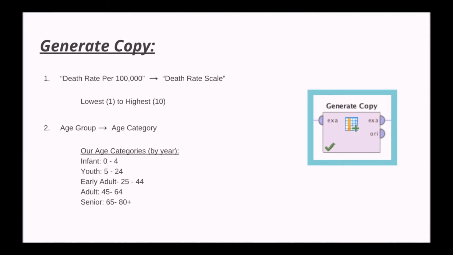The other thing we generated a copy of was age group, and we turned that into age category. Again, this is just to discretize later. We discretize age groups into 5 groups: infant, youth, early adult, adult, and senior.